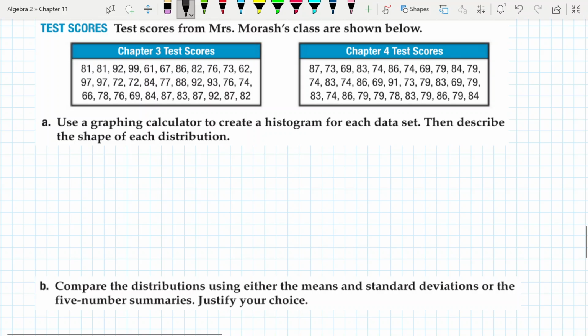So I'm just going to draw a histogram, right? And my top was 10, but I had 9 spots. So 1, 2, 3, 4, 5, 6, 7, 8, 9.